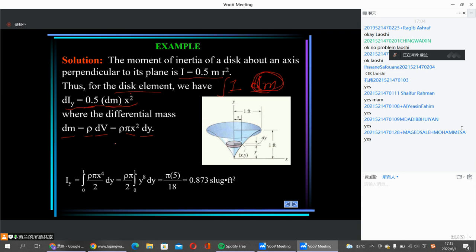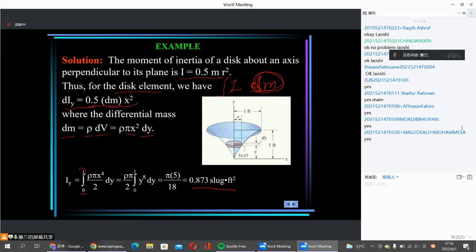And then we can calculate the integration for the whole rigid body, with the lower limit for y starting from 0 and the upper limit being 1, and then we can calculate the mass moment of inertia.